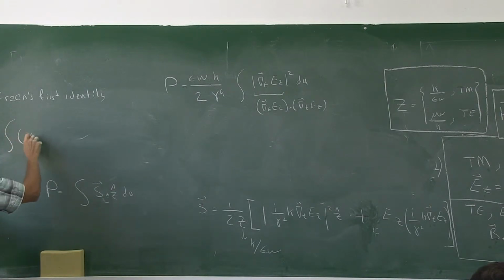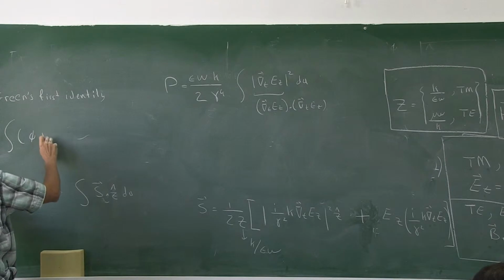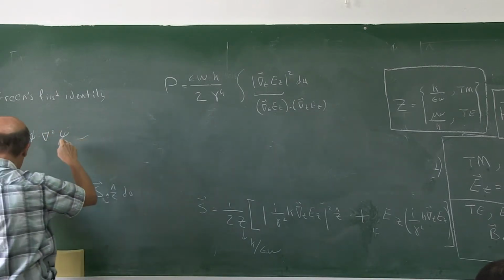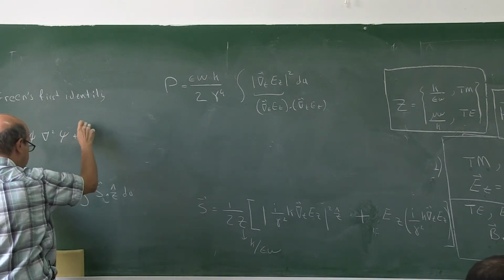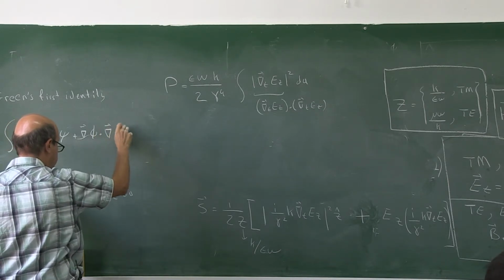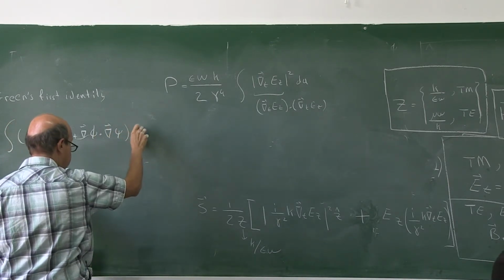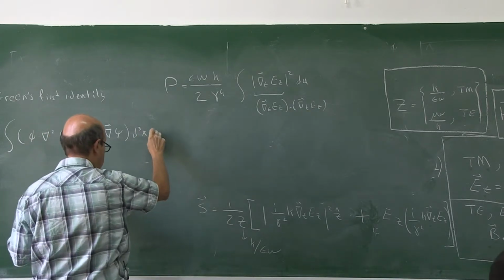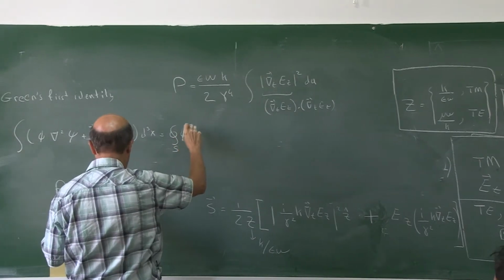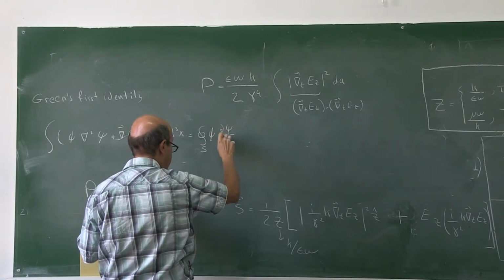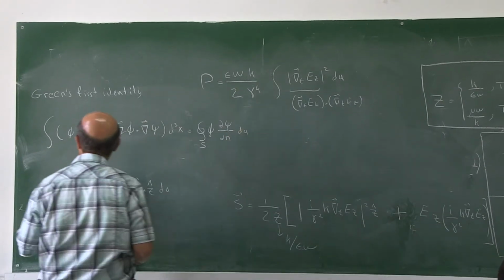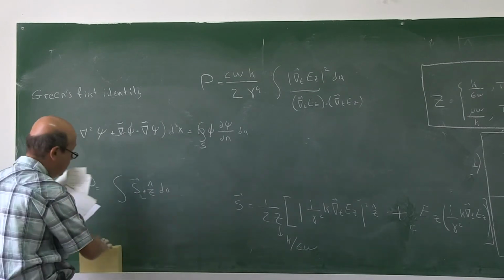For scalar functions phi and psi, the integral through the volume of phi Laplacian of psi plus gradient of phi dot gradient of psi is equal to the surface integral of phi del psi over del n dA. This is the first part. Remember that identity.